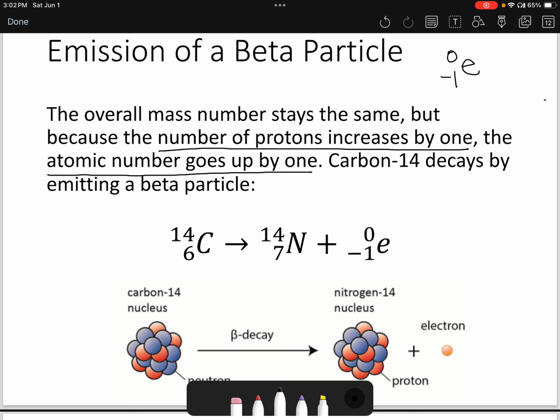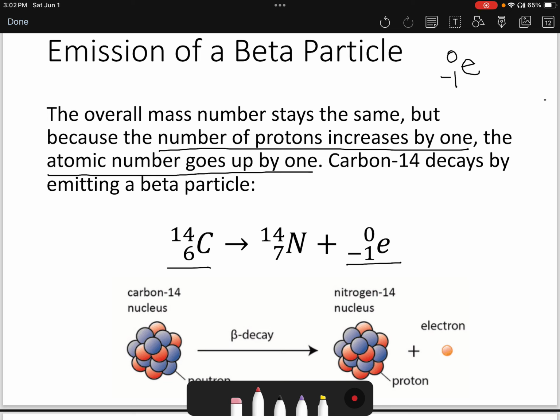So as an example, the isotope carbon-14, if it emits a beta particle, again, the mass number will stay the same, so 14 will remain 14, but we want everything to add up on both sides here.